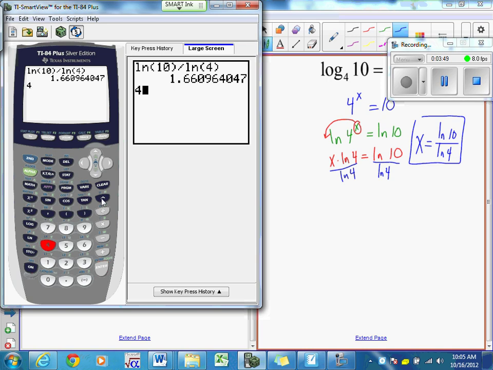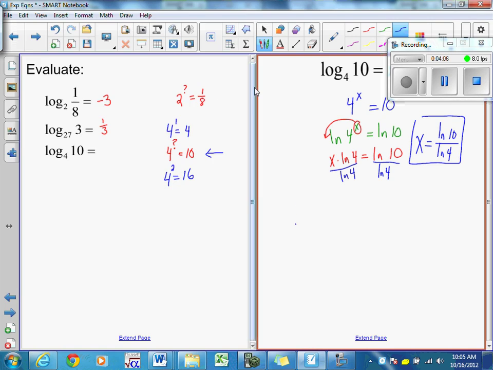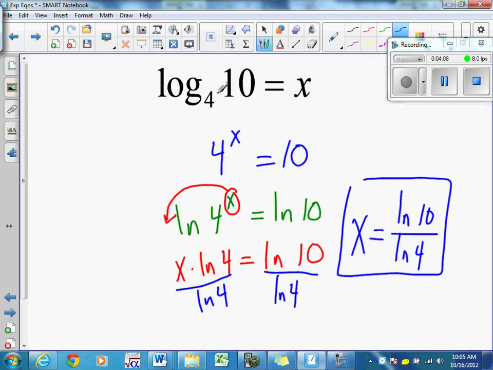And now notice if I take 4 to that, we won't use all the digits and round off, so we'll just get close. I get 10. If I used all the digits, I'd get exactly 10. So this shows you how we're able to find 4 to what power is 10. We can actually solve for it.